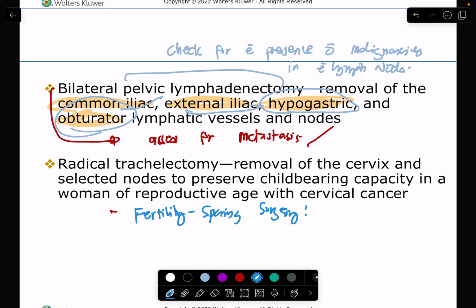Kinakailangan natin 'yan in order for the patient to get pregnant someday if ever gusto pa rin po nila. Alright? Okay, so if ever they have the desire to preserve fertility or kung gusto pa nilang magkaanak someday, then this is the best option that we could offer to them. Okay, that is radical trachelectomy.